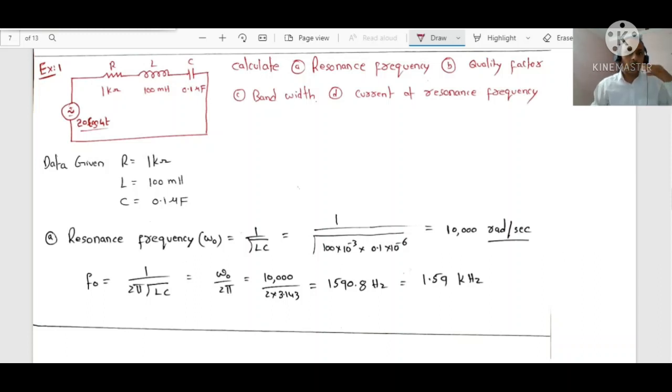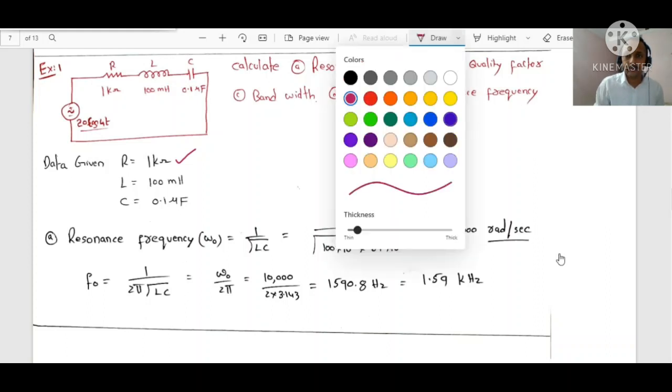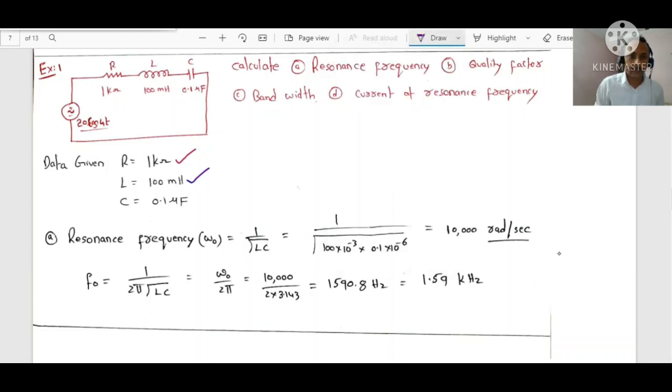Calculate the resonant frequency, quality factor, bandwidth and current at resonant frequency for the given circuit. Observe: R equals 1 kilo ohm, L equals 100 millihenry, C equals 0.1 microfarad. The first point should come to your mind.